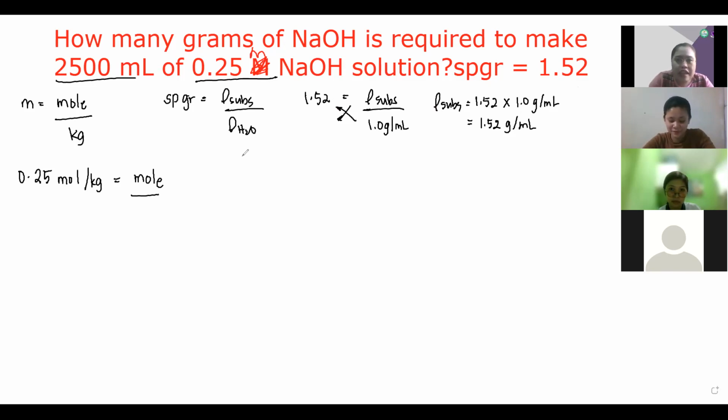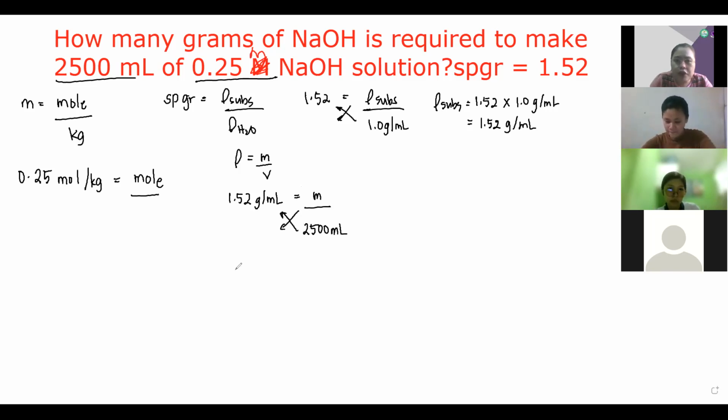Now, if you have the density, you can compute na for the mass para ma-convert natin si 2,500 ml to kilograms. So yung density na na-compute natin, 1.52 grams per ml. We are looking for the mass. The volume is 2,500 ml.